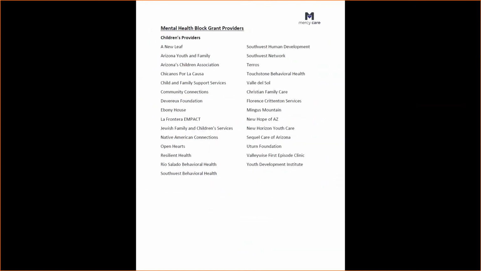All right. Currently, this is a list of providers that have the mental health block grant with Mercy Care at this time. If you are a newer provider to us or may not receive mental health block grants, and you have a member who comes looking for services and is not insured but would qualify for the mental health block grant, and you do not receive that funding at this time, you can definitely refer that member to any one of these providers here.